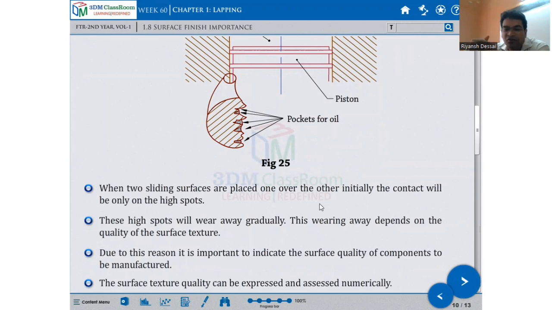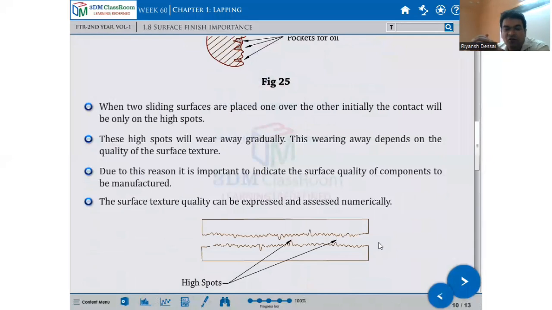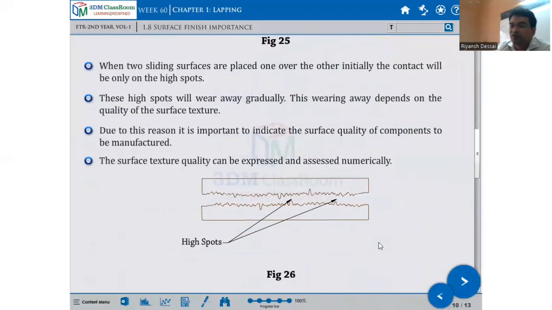Due to this reason it is important to indicate the surface quality of components to be manufactured. You must give the surface texture value, how much finish is needed, how many microns. The surface texture quality can be expressed as a numeric value, such as N6 or N7.